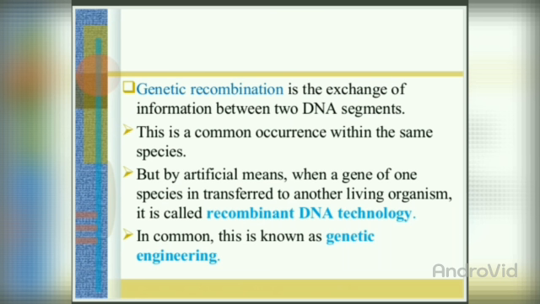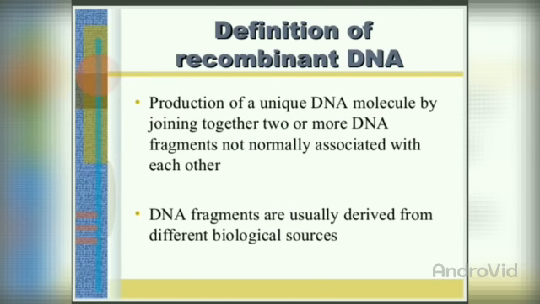Basically, we are incorporating a different set of genes into the desired DNA fragment. That means we are incorporating a desired segment or fragment of a gene into the plasmid DNA. It is a common method and this is known as genetic engineering.